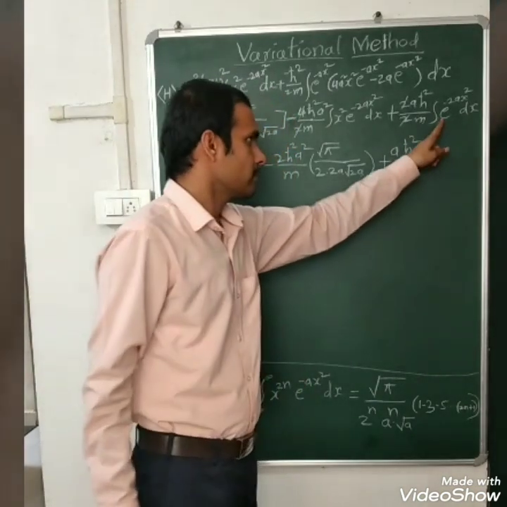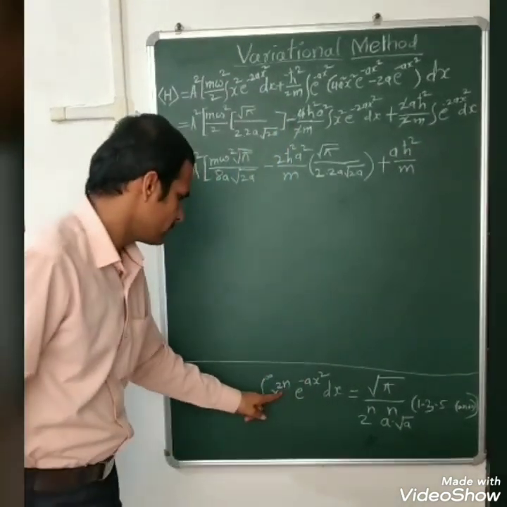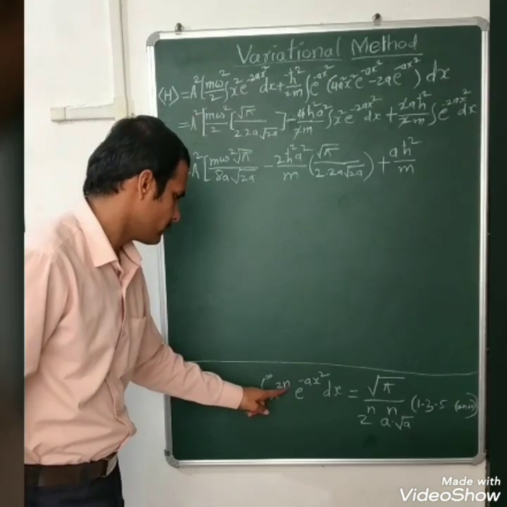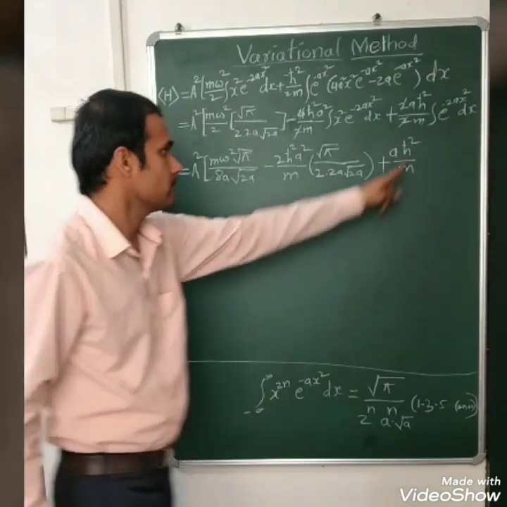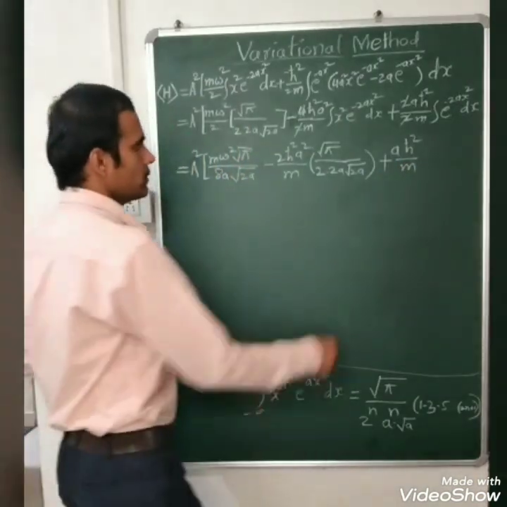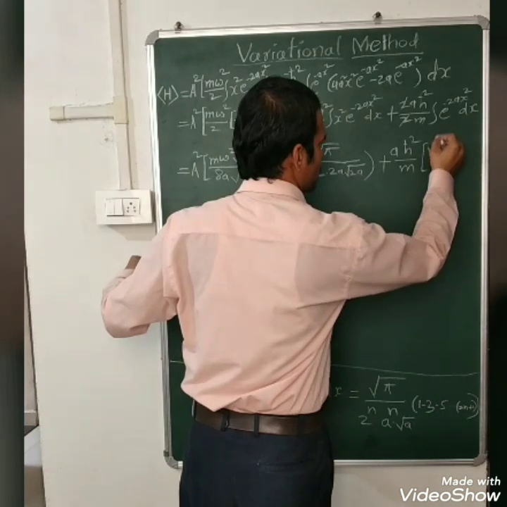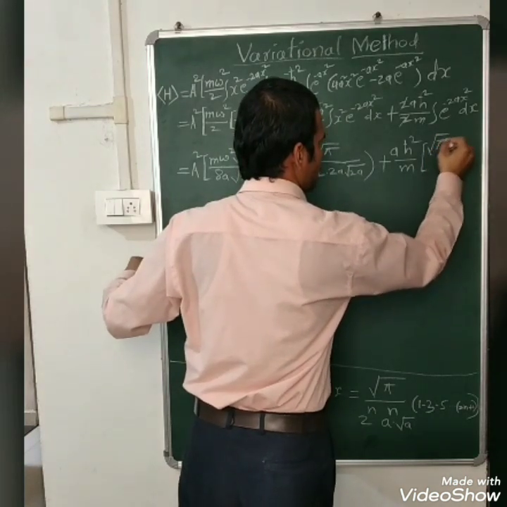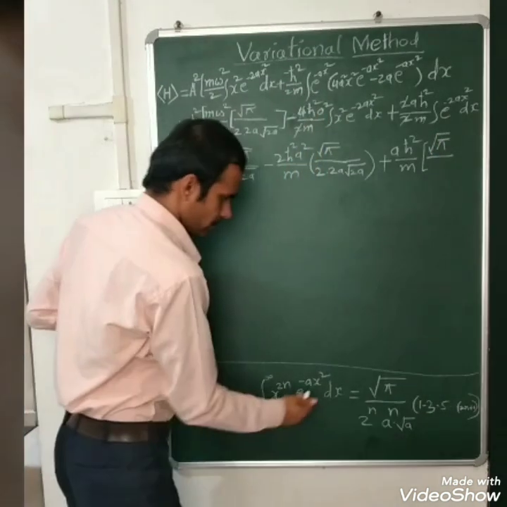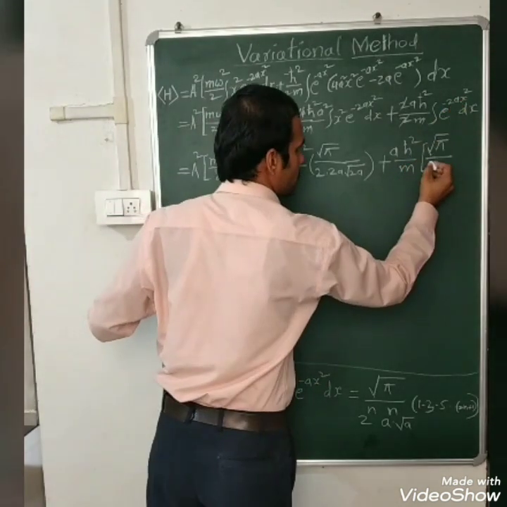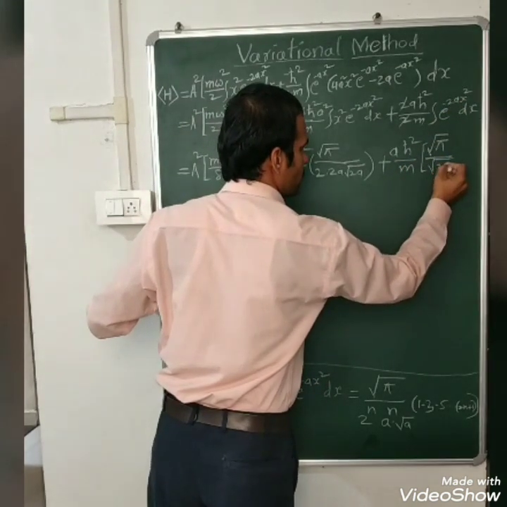And here the power of x, the n will become 0, so we can use this formula directly and write square root of pi divided by a, which will become 2a square root of 2a.